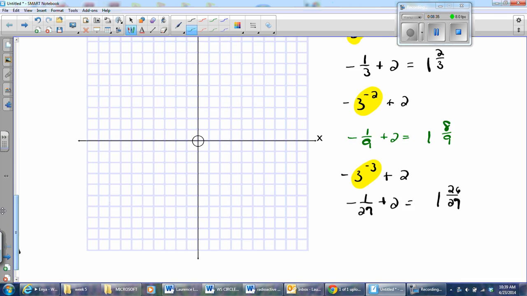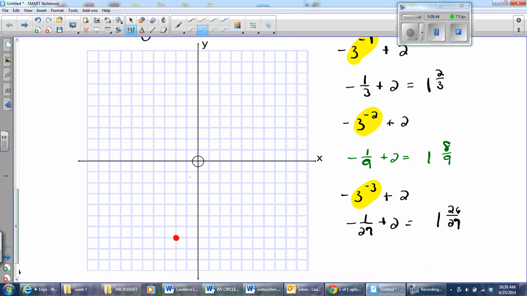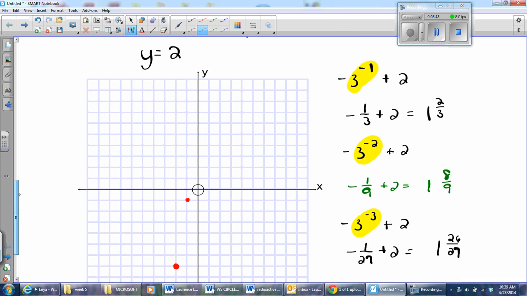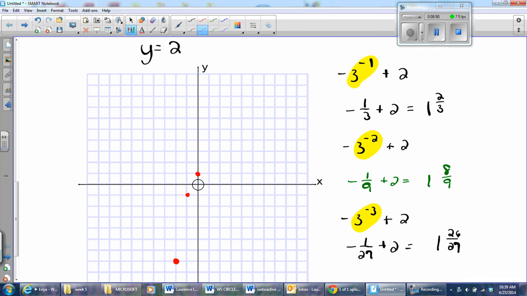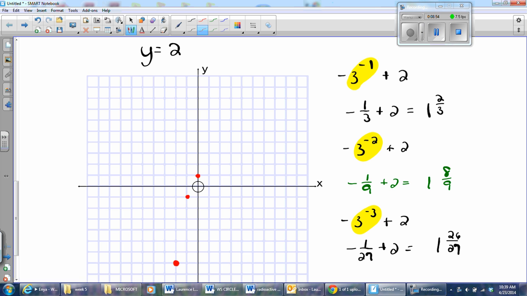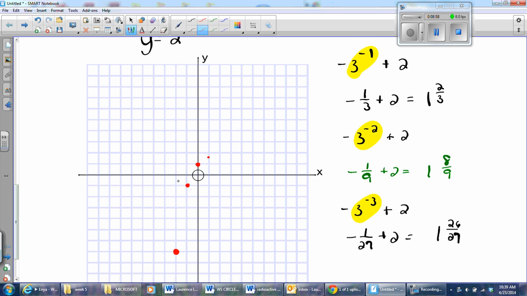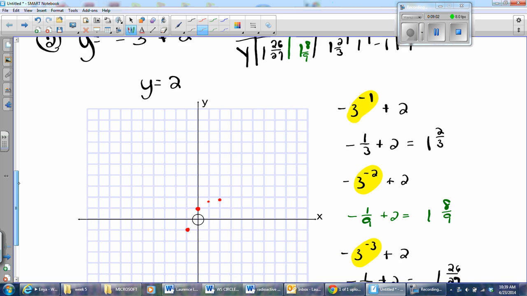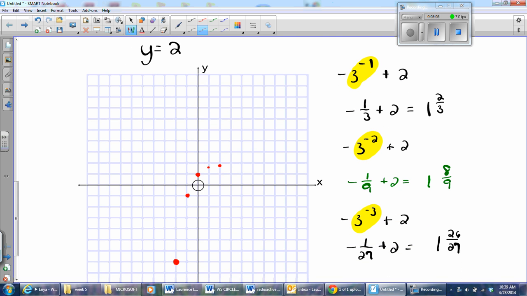All right. So at 2, -7 is right there. 1 to the -1st is right there. 0 is 1. 1 is at 1 2/3. 2 is at 1 8/9. And then 3 is at 1 26/27.